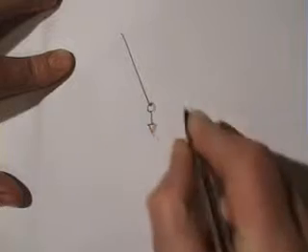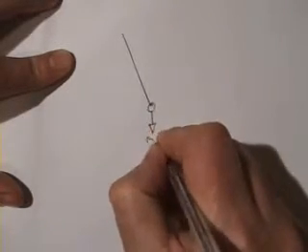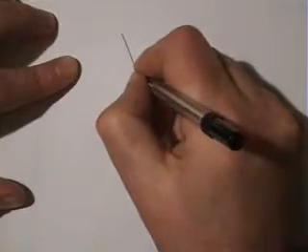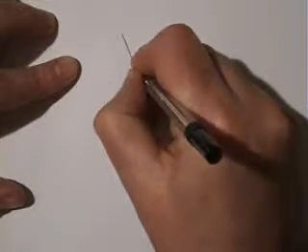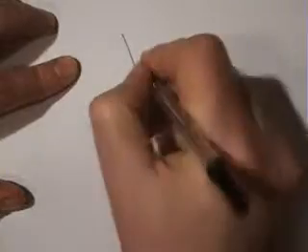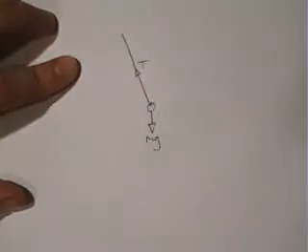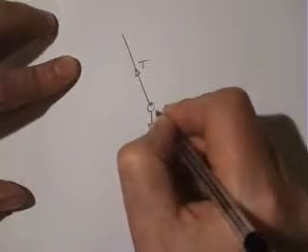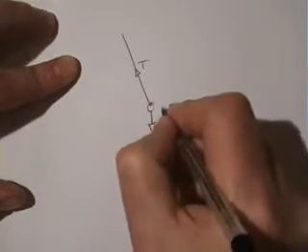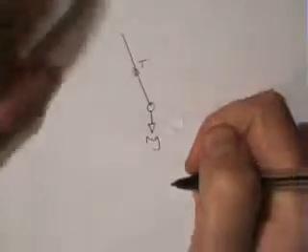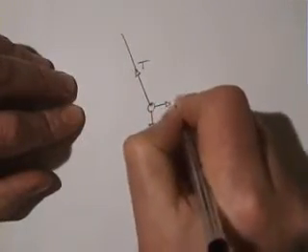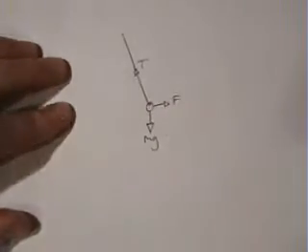The forces on the sphere: it's got some weight, mg acting downwards. It's got tension in the string, and the thing that the question's about, this electrostatic force. And since the thing's dangling to the right, the force must obviously be to the right. So that's F. So those are the forces.